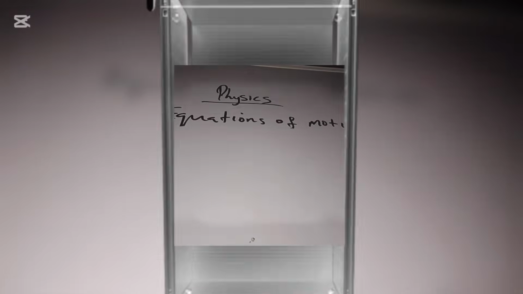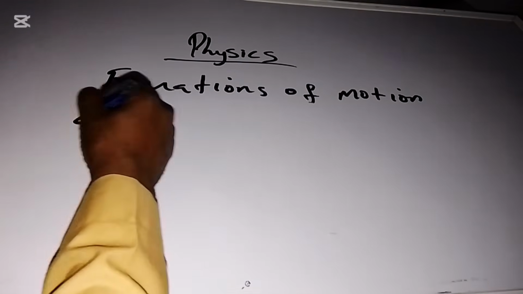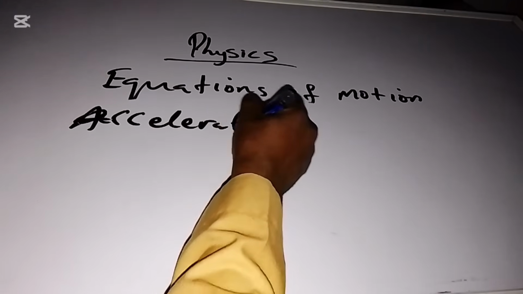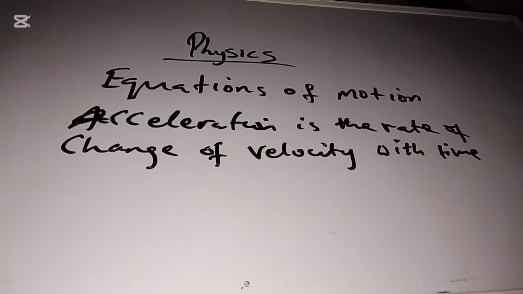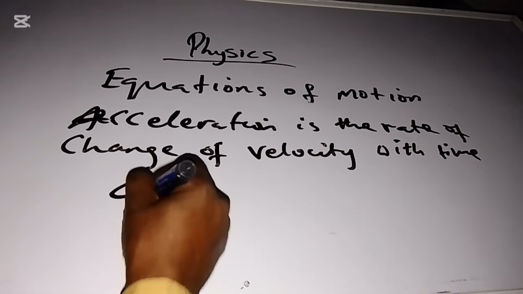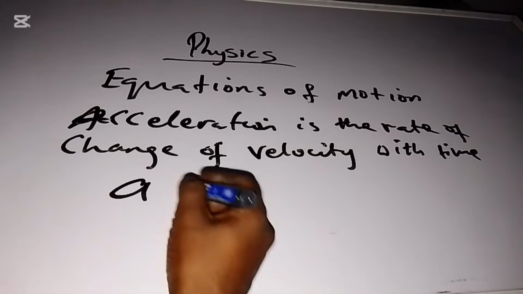To derive the equations of motion, first we start by defining acceleration. Acceleration is the rate of change of velocity with time, which can be written this way. Remember, a is our acceleration.